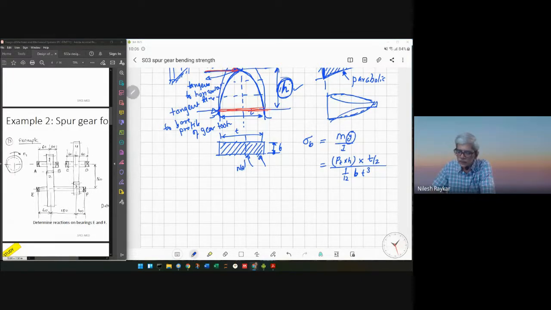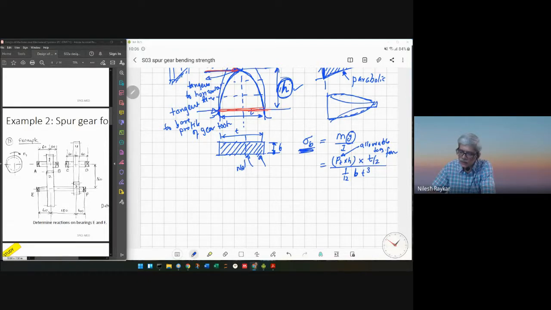That is how the calculations are done. Here PT is the allowable load. Depending on sigma B, which is the allowable bending stress, we'll calculate the allowable tangential force. So the equations are written in terms of the allowable tangential load. We'll do the same thing for the wear design also, and for all the other types of gears.